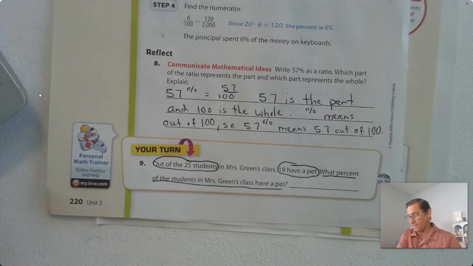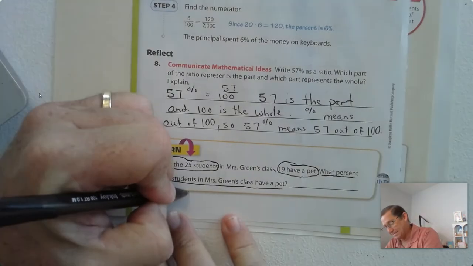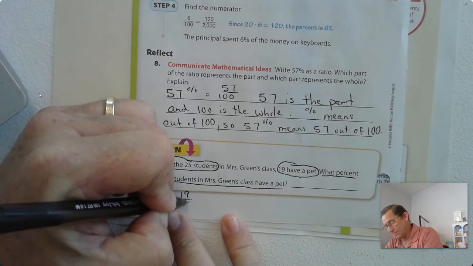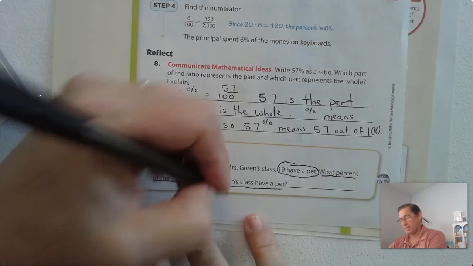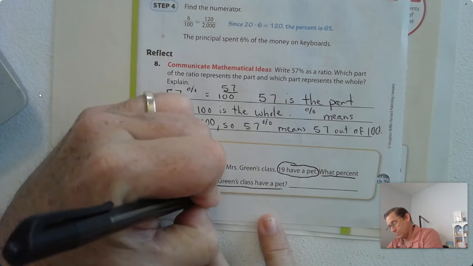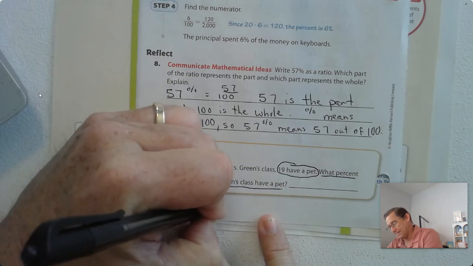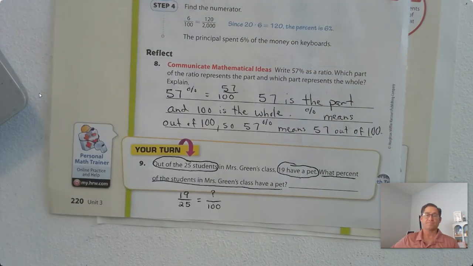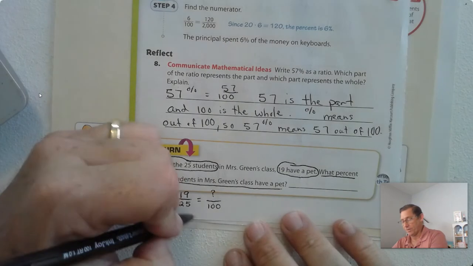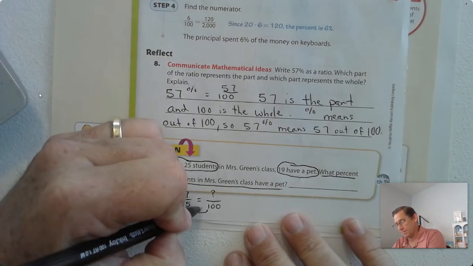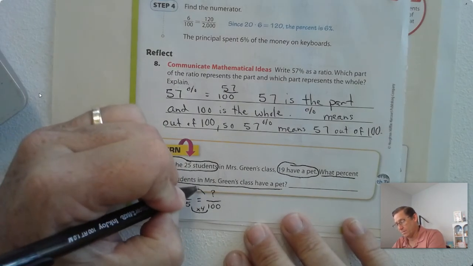So let's go ahead and solve this. We have 19 out of 25 equals what percent out of 100? Well, how do you go from 25 to 100? You multiply by 4, right?